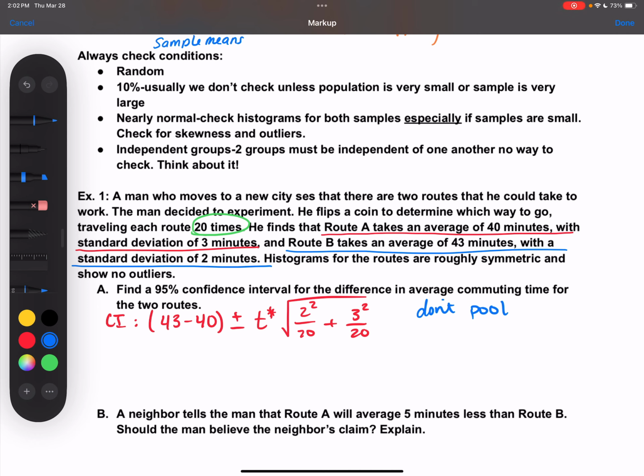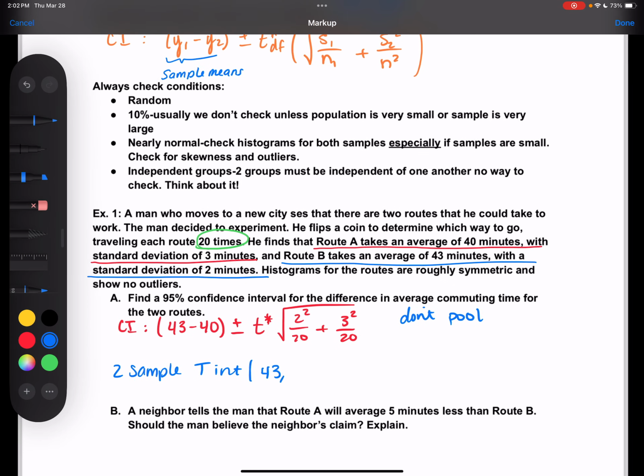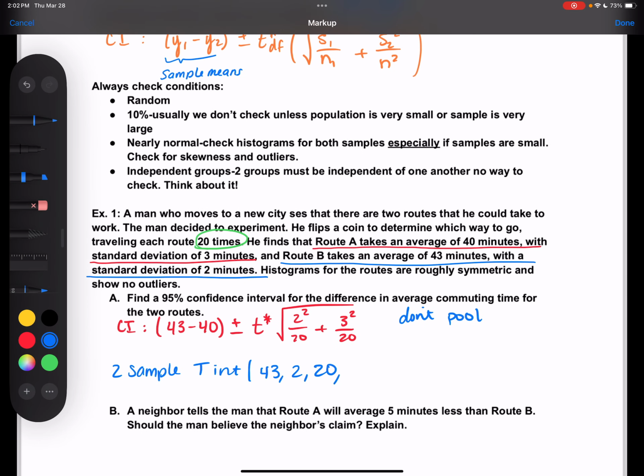So now on the calculator, we set this up as a 2 sample t interval. Of 43, 2 and 20, and then 43 and 20, and not pulled.